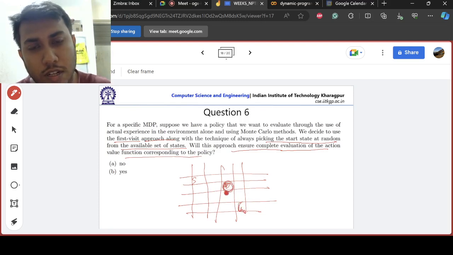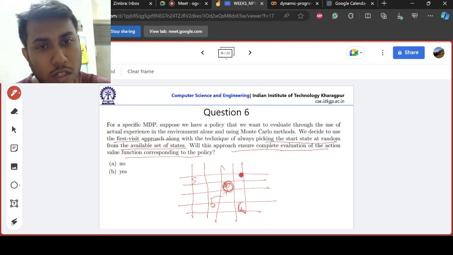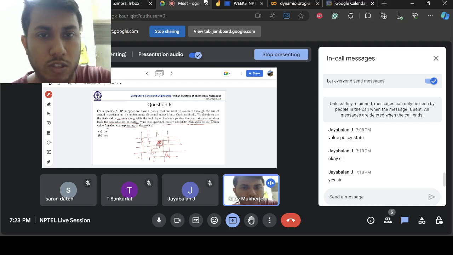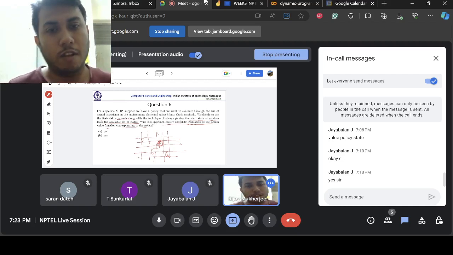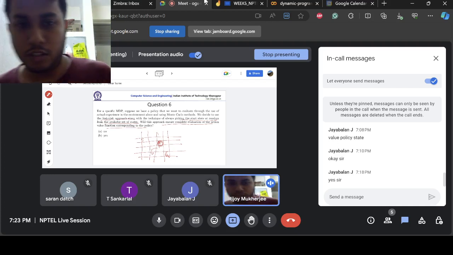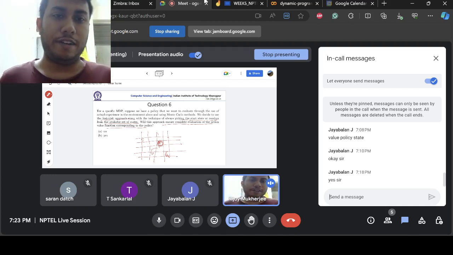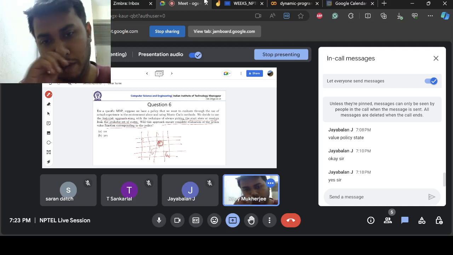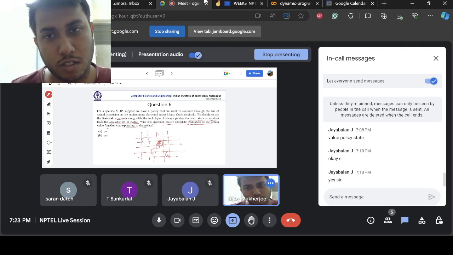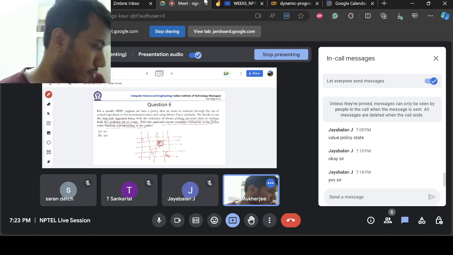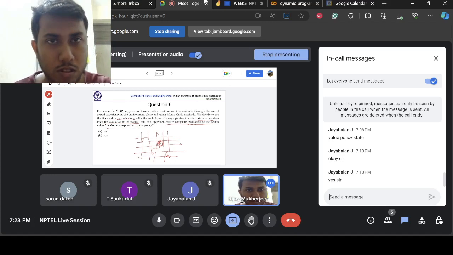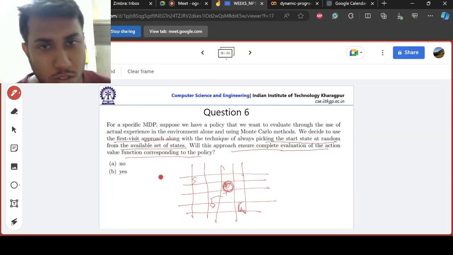Maybe somewhere it gets lost in here or here, right? It may not always be able to converge to a goal state. Let's say from any state there is a dead end. So it is not always possible that it will give you a complete evaluation of the action value function. Okay, so that is the answer: the answer is no.